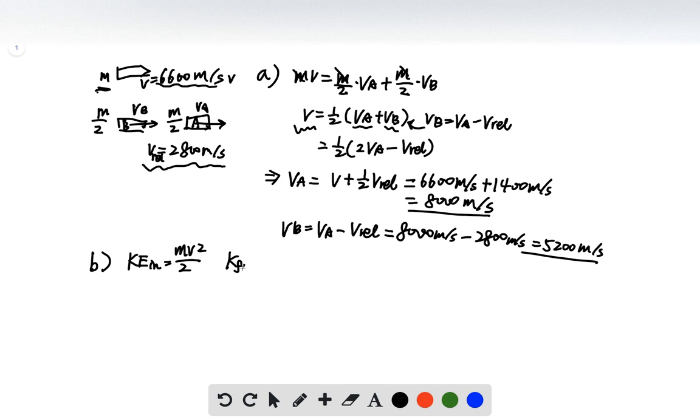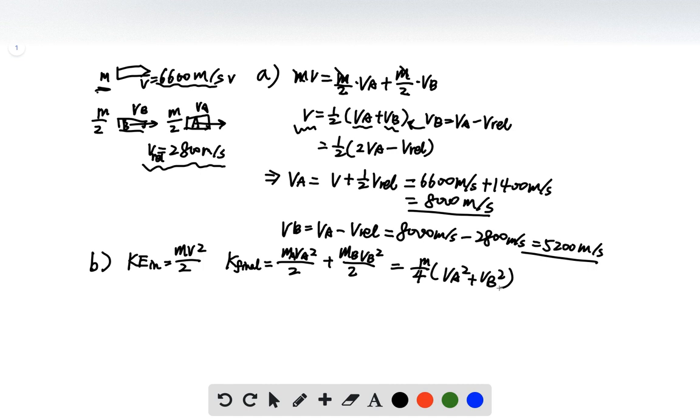Afterwards, we have half of ma va squared plus half of mb vb squared, which, since ma and mb are just half of m, is 1/4 m times (va squared plus vb squared).